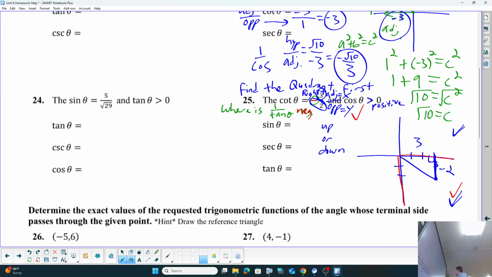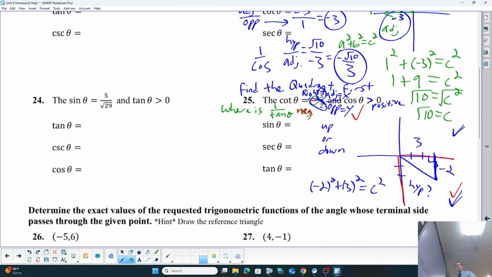So now we just need the hypotenuse. So what's the hypotenuse now? We're going to use the Pythagorean Theorem. What is it? You say it. A squared plus b squared equals c squared. Do it. Okay. So that's going to be -2 all squared plus 3 squared, right? Equals c squared.